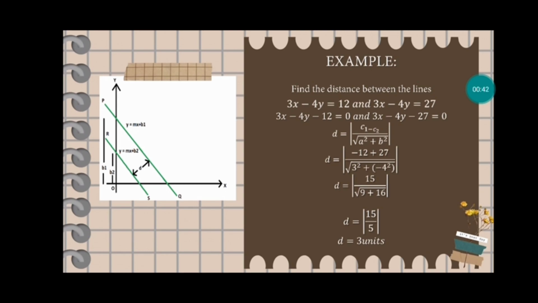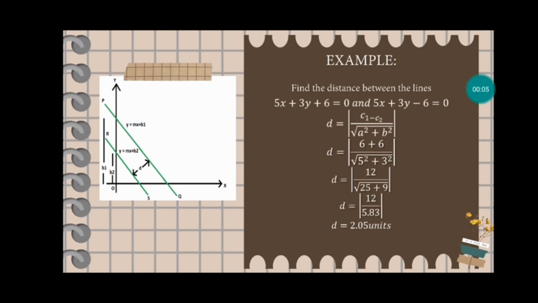We're just going to substitute it. So, negative 12 plus 27 over the square root of 3 squared plus negative 4 squared. So, negative 12 plus 27 is equal to 15 and 3 squared is equal to 9 plus 4 squared is equal to 16. So, the square root of 9 plus 16 is equal to 5. So, the distance is equal to the absolute value of 15 over 5, and the final answer is distance is equal to 3 units.